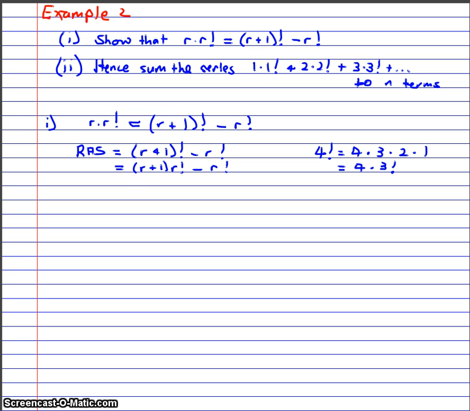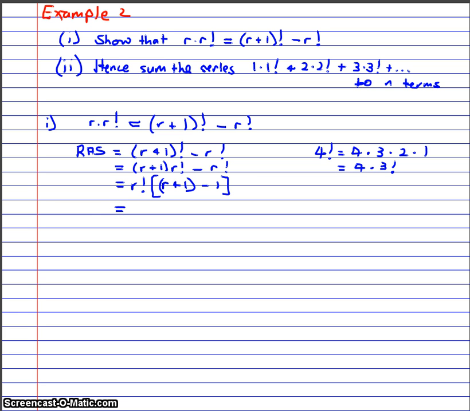And we can see then we've got a common factor of r factorial. Take that out the front: r factorial times (r plus 1 minus 1).